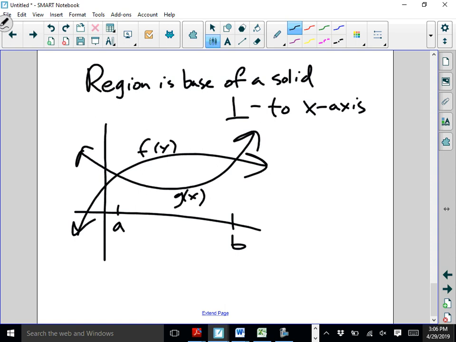Okay? Now they could give us lots of shapes. They could give us squares, isosceles right triangles. They could give us semicircles. Let's start with an easy one, squares. They say cross-sections perpendicular to the x-axis are squares. Okay? So there is a square with its base in the plane, and then it pops out of the screen at you, right?